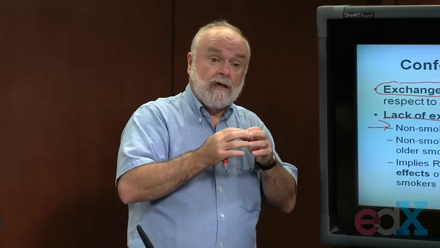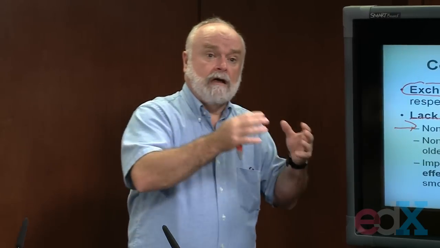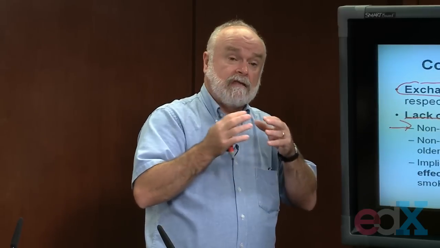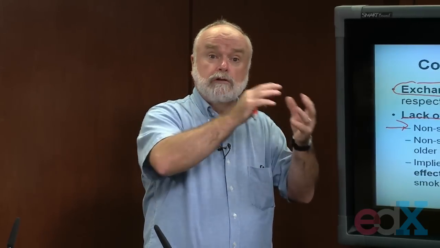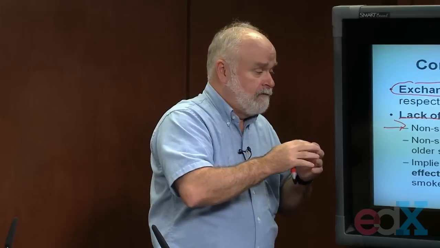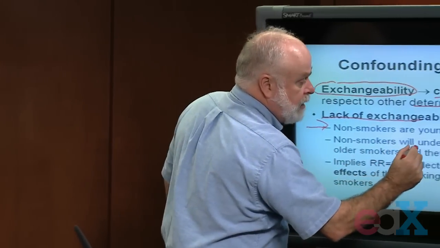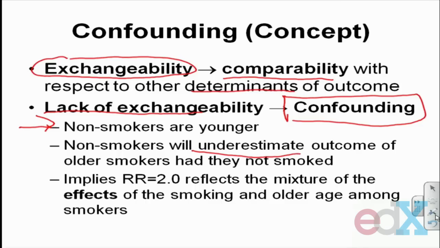And the problem is what our non-smokers are telling us is what would happen to young smokers had they never smoked. They're not telling us what would happen to our old smokers in our data set if those old smokers had never smoked. So the non-smokers we have are under-accounting for the effect of age.